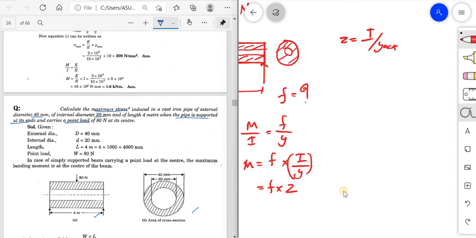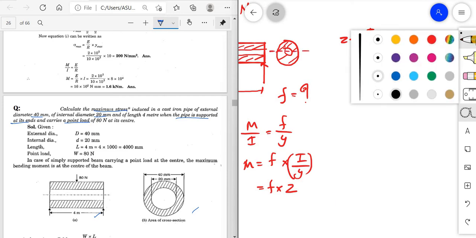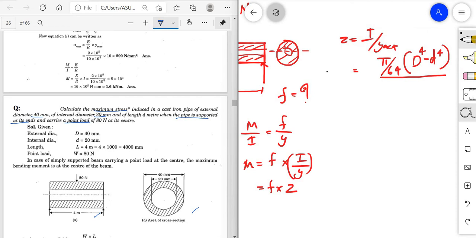I, for a hollow circular section, will be pi by 64 into capital D raised to 4 minus small d raised to 4, divided by Y max. This is my neutral axis, and if anybody has any doubts, you can ask.